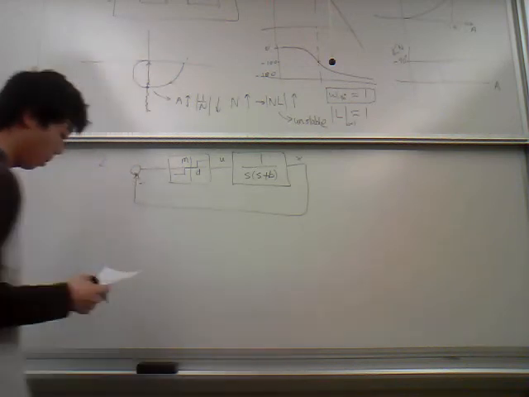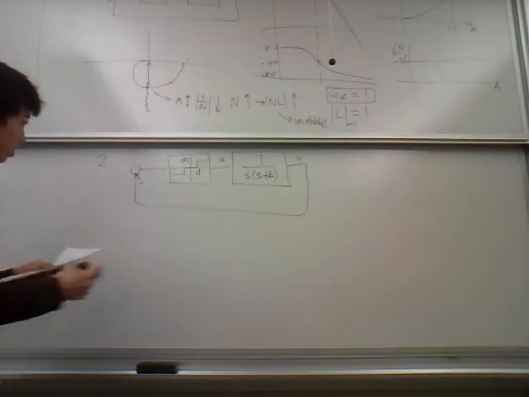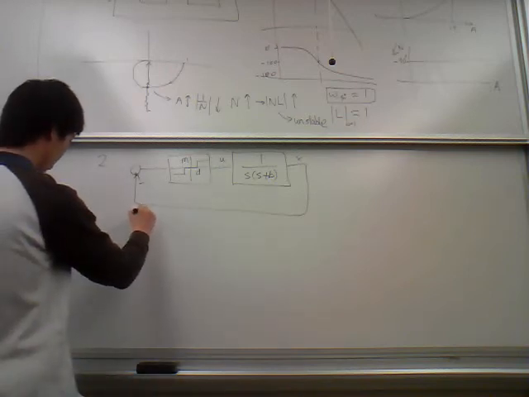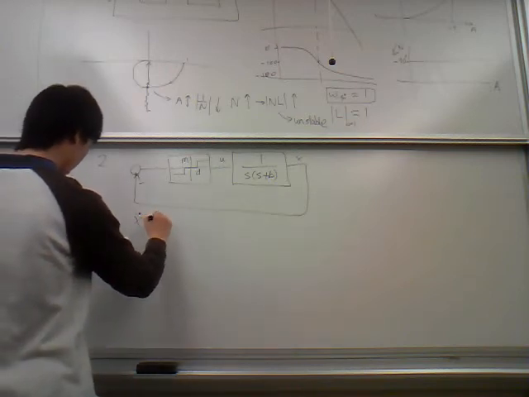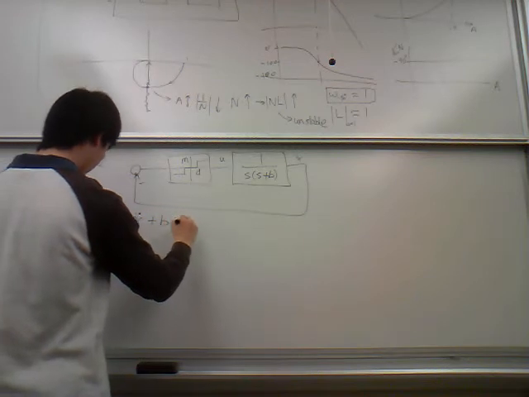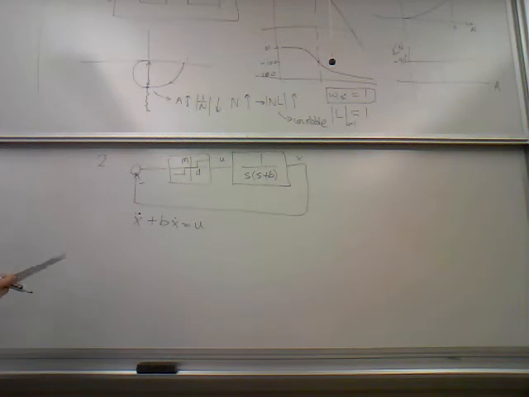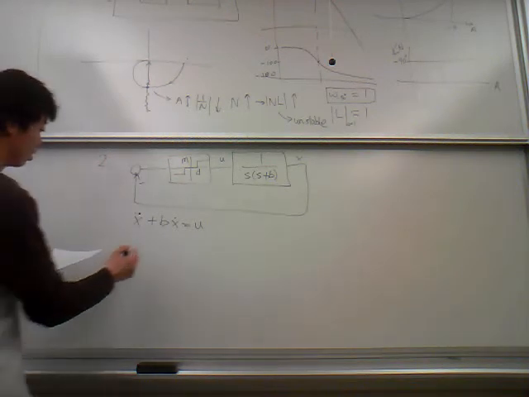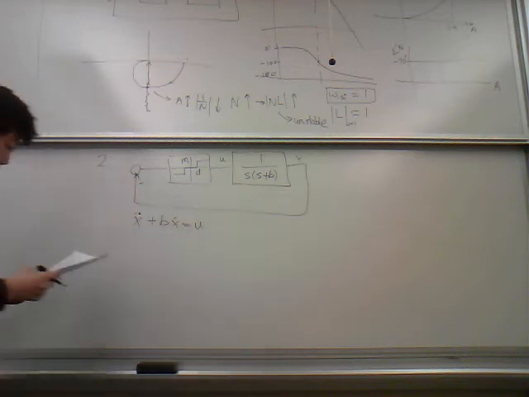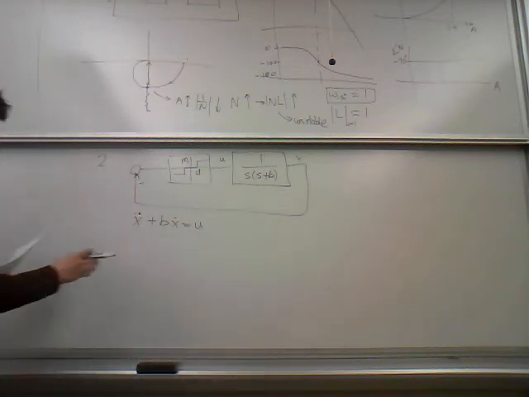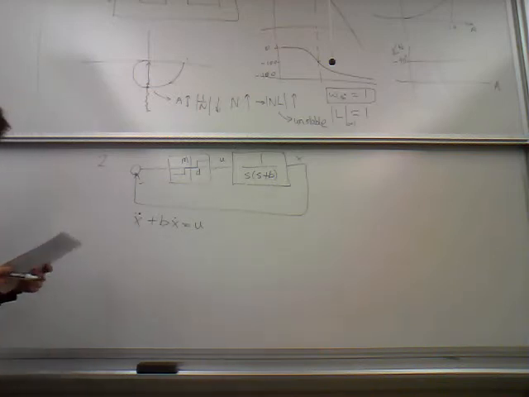So how do we do this? Well, first note the equation of motion that's given, x double dot plus b x dot equals u. So this is the plant right here. So we could manipulate it and get into our usual kind of slope type form, and then we can apply the method of isoclines.